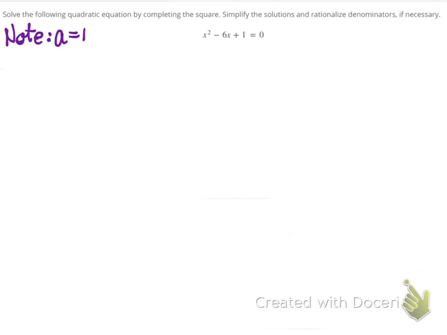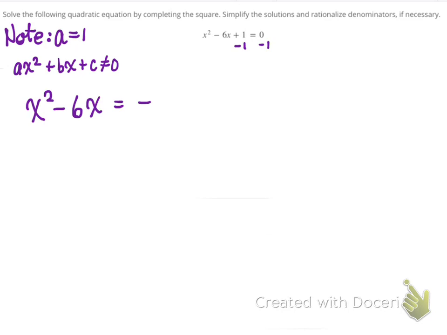In other words, I need ax squared plus bx plus c not to equal 0. That's okay because I can simply subtract 1 on both sides. Now I will have x squared minus 6x equals -1.